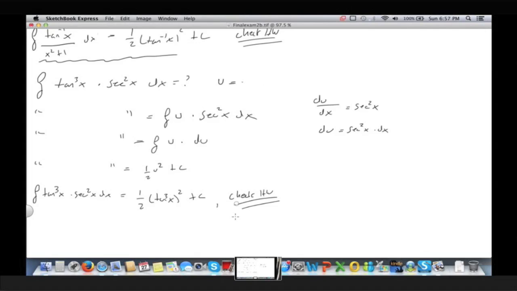Remember, we want to use a substitution where it's easy to take the derivative and its derivative is in the expression. Okay, so the derivative of secant squared x, that is secant x tangent x, I think. Okay.